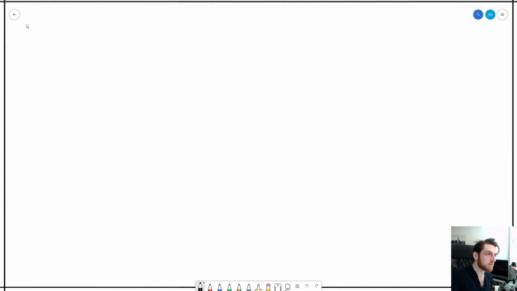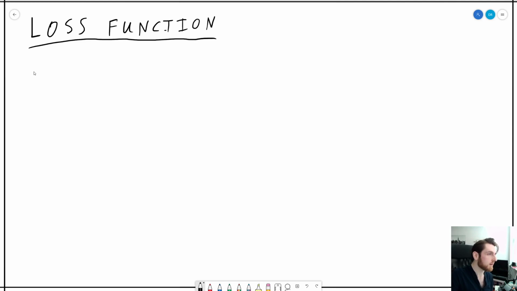To start with these techniques, we need to introduce the loss function. First we need to define the trajectory probability again in this parameterized setting, just to define notation.